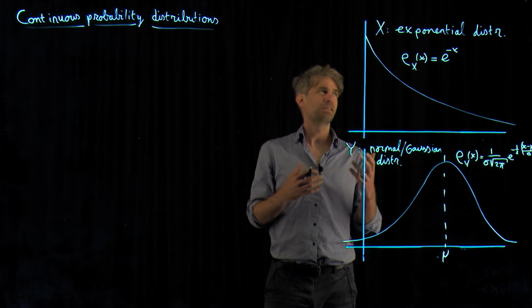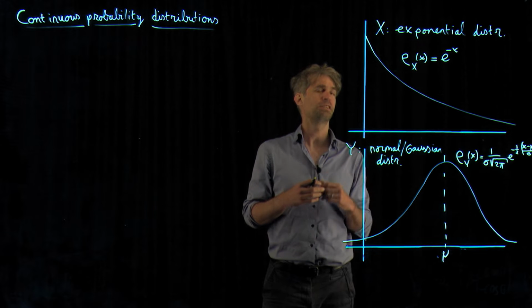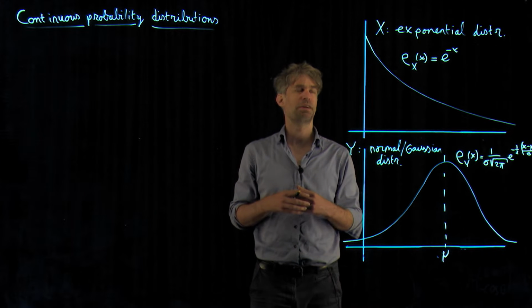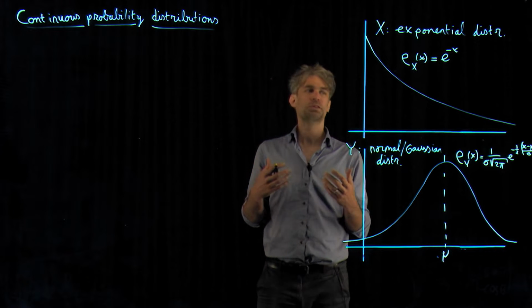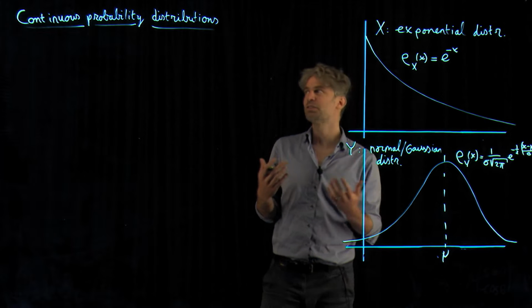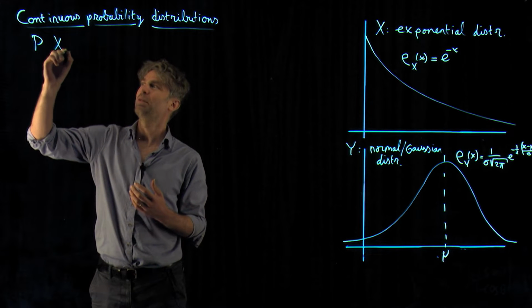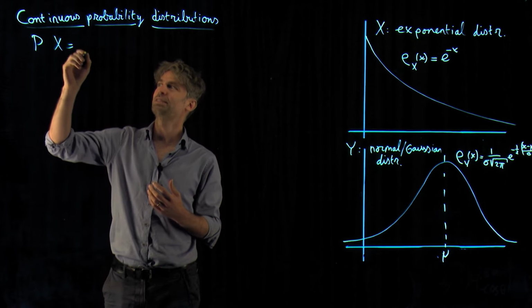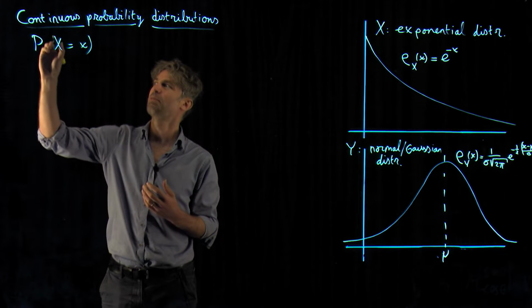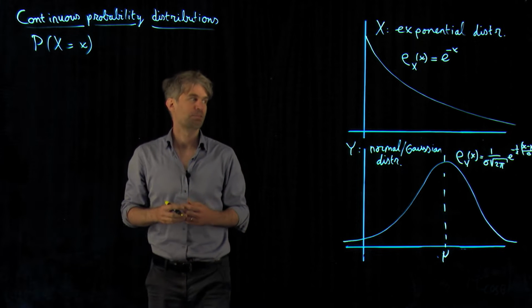If I take something like an exponentially distributed random variable, and I ask what is the probability for one certain outcome, so what is the probability that x equals a specific value x?